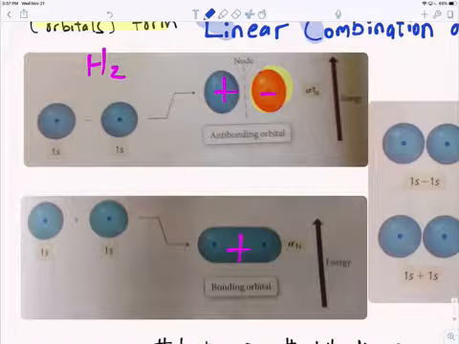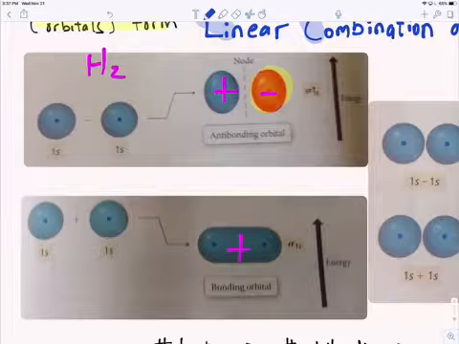And for hydrogen, it's actually completely symmetric. So the amount that this goes down is the same amount that this goes up. That doesn't work for every single case. So this works for homonuclear diatomics. Homo means same, so homonuclear, same nucleus, diatomic, two atoms. If you have homonuclear triatomic and beyond, it doesn't work that way.